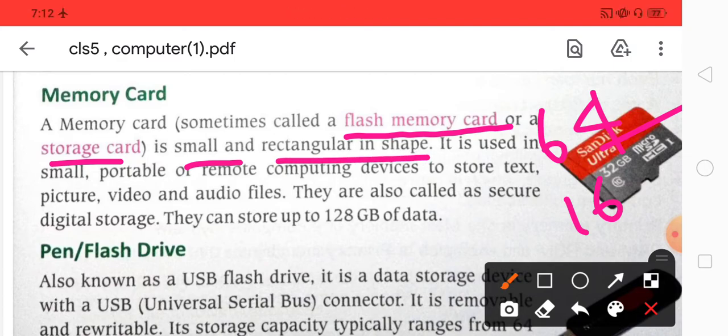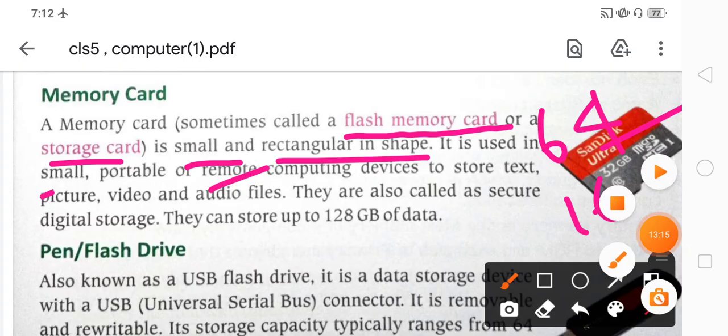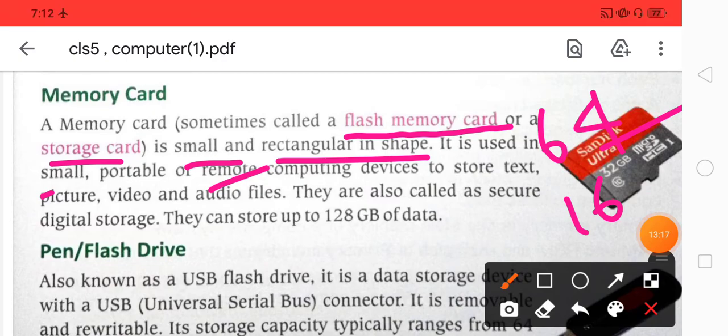It is used in small portable and removable computing devices to store text, picture, video and audio files. They are also called secure digital storage.